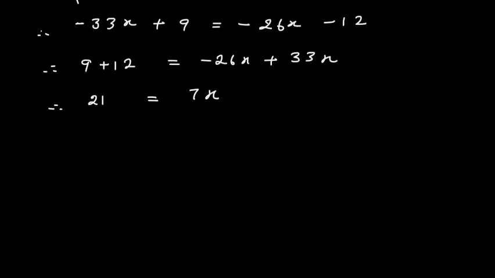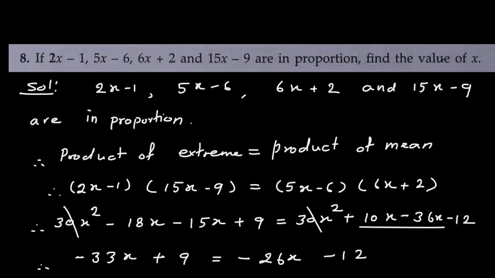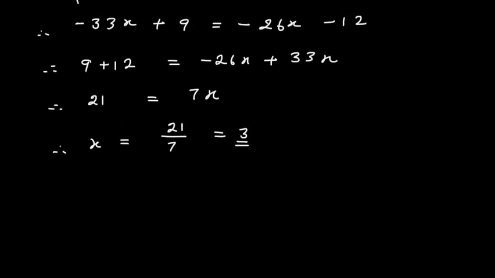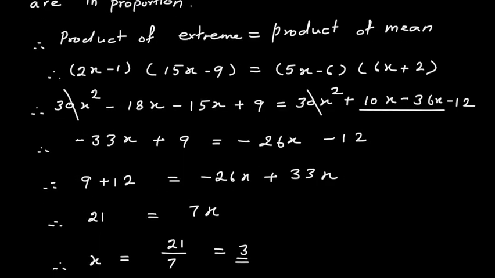So 21 is equals to 7x. So therefore the value of x is 21 upon 7 is equals to 3. So the question is find value of x. So value of x is 3. Simple question. Okay.